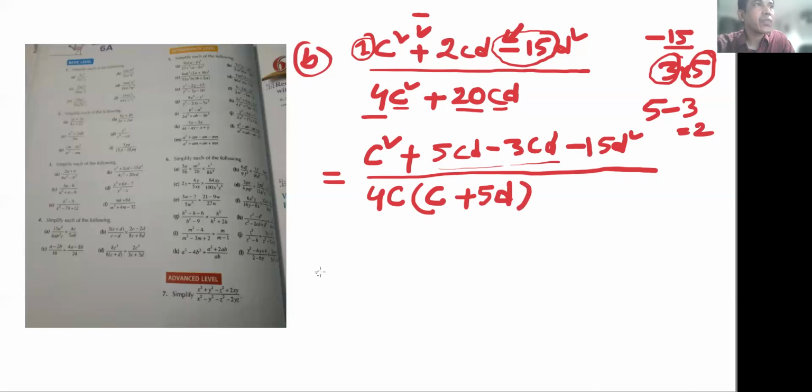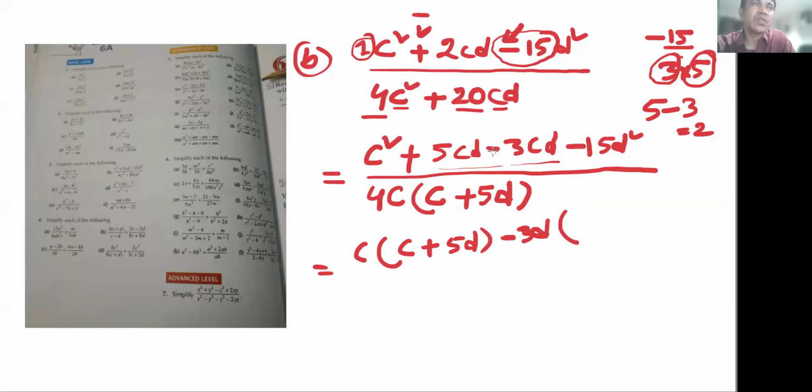Now let's take common from here. Consider these two terms. We can take C common, so it will have C plus 5D. Then we can take 3 common, since 3 and 15 are there, and D is also common. Since minus is there, the internal sign will get changed.